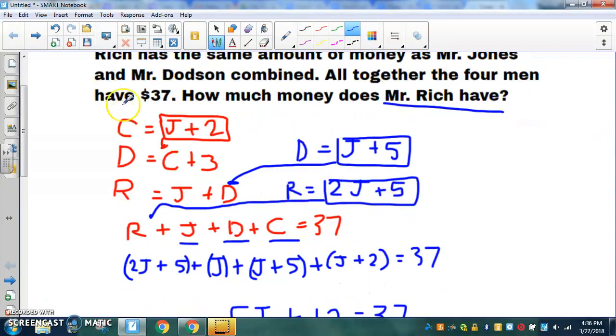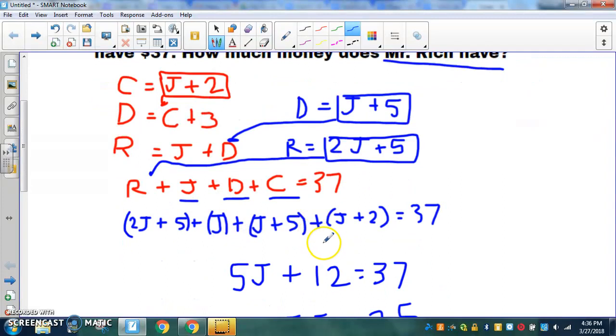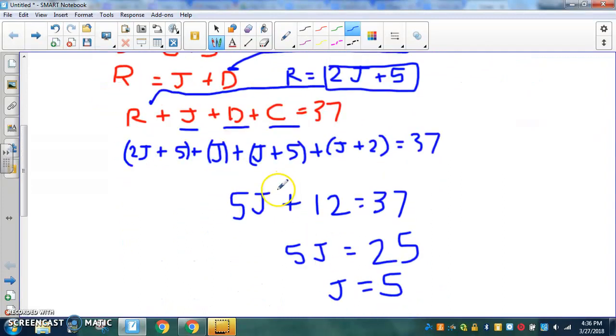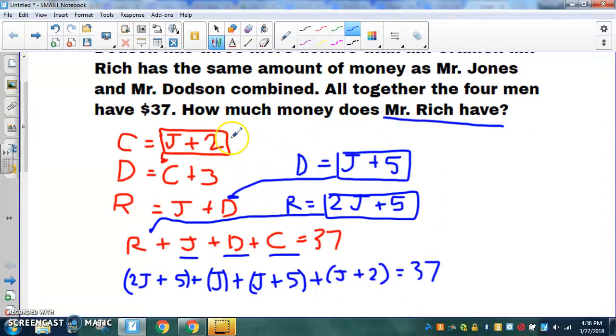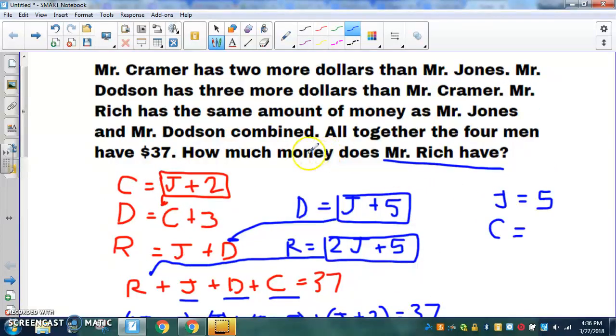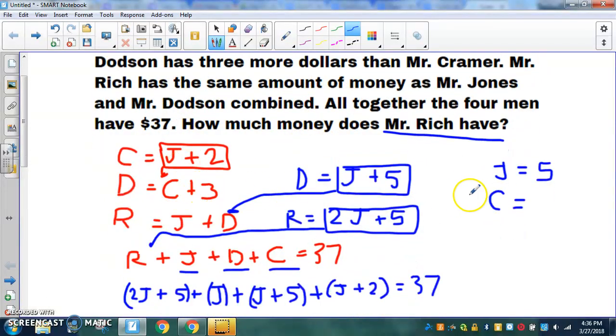Rich have? Well, I have to go back through and find out pretty much what everyone has to get to that point. So, starting with Jones, if Jones has 5, this is helpful to keep your information organized, maybe on the right side here. That would mean Mr. Kramer has 5 plus 3, so he has $8. Oh, I did that wrong.